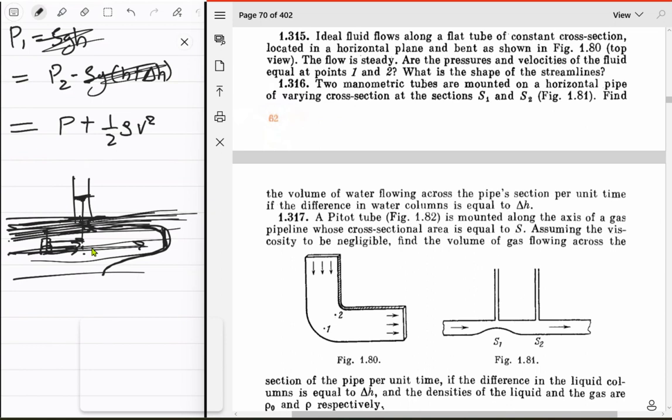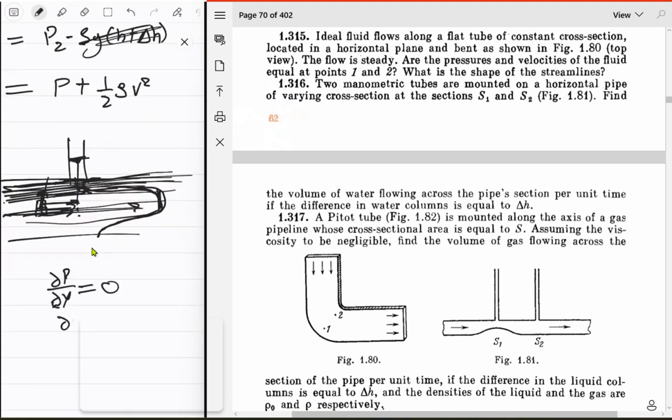The velocity along this direction is 0 throughout, right? So the gradient in that direction, del p upon del y, will actually be 0, because del u upon del y, of course u_y times that was 0.